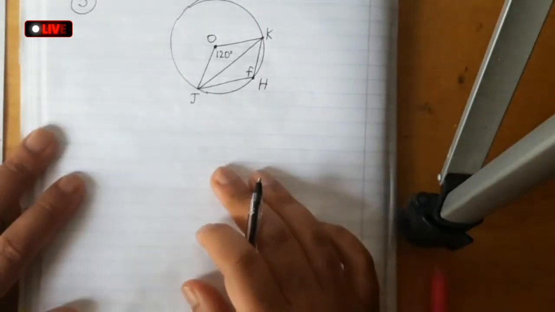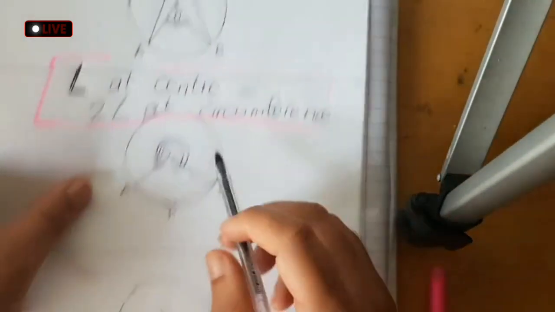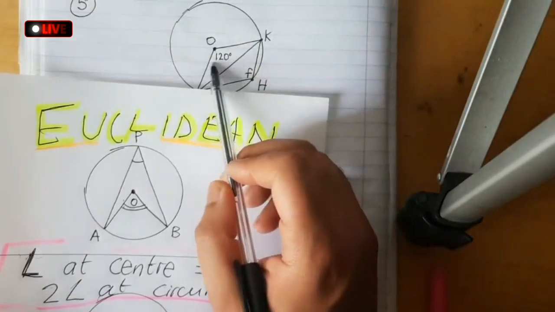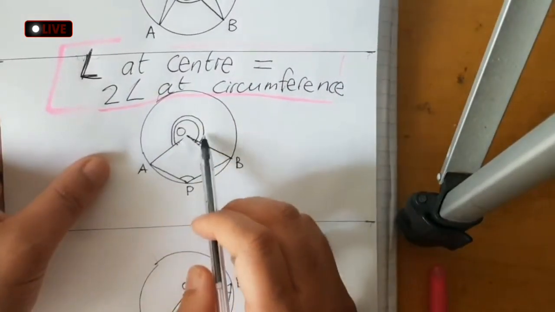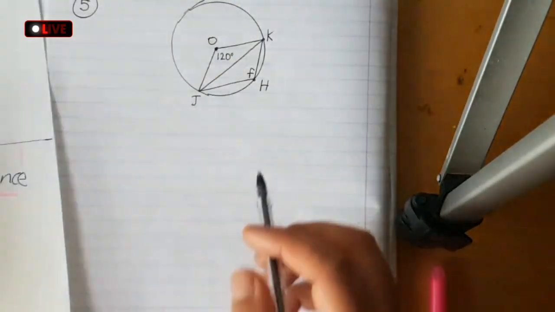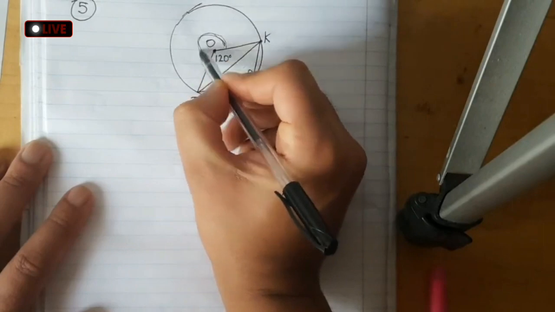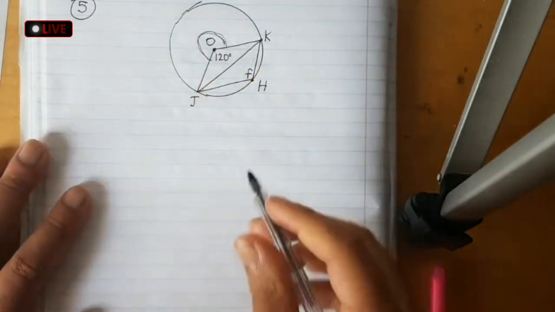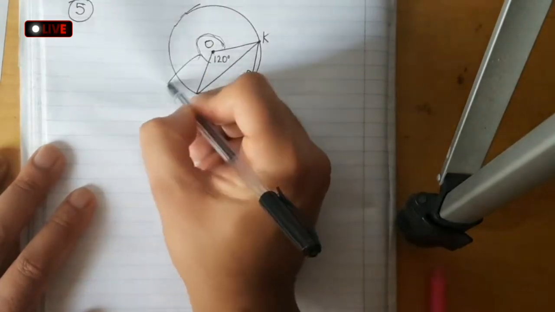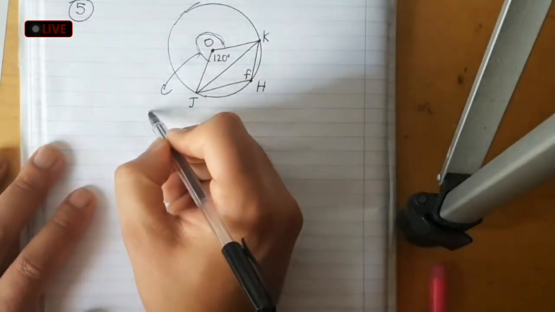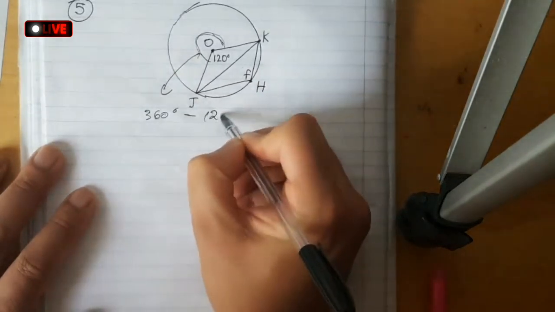Just remember, we are given this angle here, but the theorem says that angle there is equal to twice that one there. So we will first need to figure out what this angle here is. That angle is going to be 360 degrees minus 120 degrees.